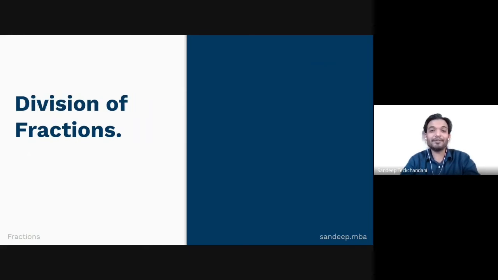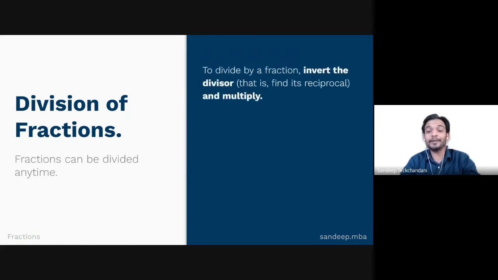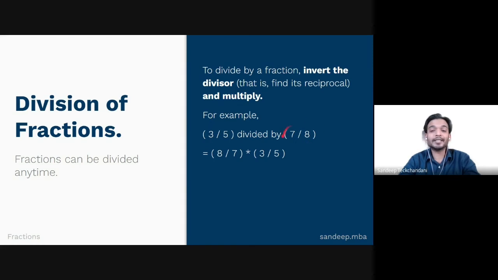In this slide, we will study how to divide fractions. Please keep this rule in mind. To divide by a fraction, invert the divisor. That is, you must find its reciprocal and then multiply. For example, 3 upon 5 divided by 7 upon 8. What I'll do is, I'll take the divisor, that is 7 upon 8, and invert it.